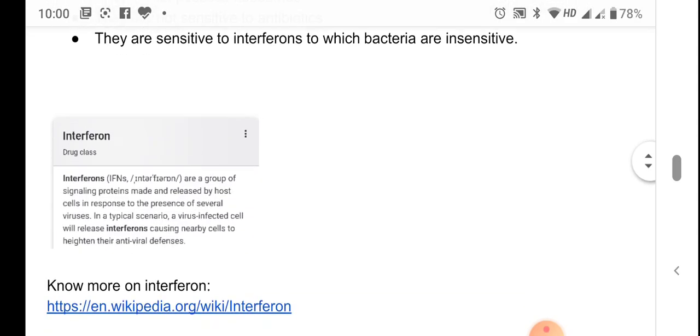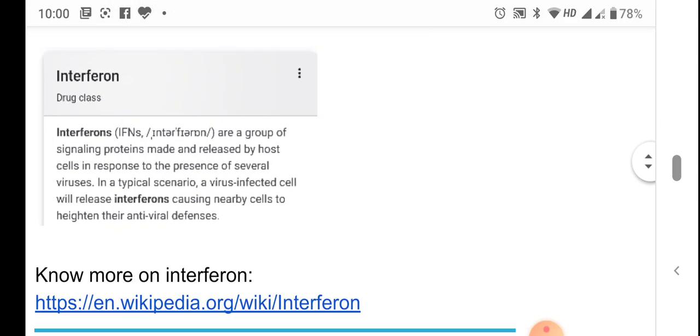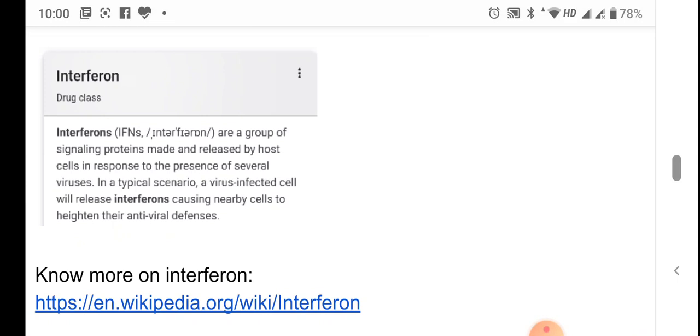What are interferons? Interferons are a group of signaling proteins produced by the host cell in response to viral infection. That is a way of inhibiting these viruses. It may be considered an immune reaction.